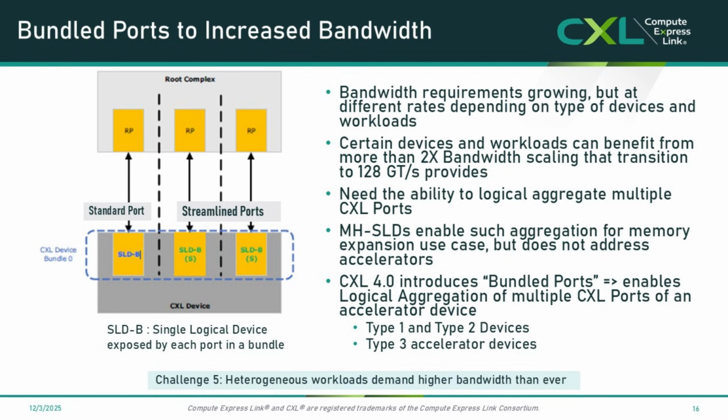There are some devices like accelerators and workloads that can benefit from more than even the 2x bandwidth scaling that going to 128 gigatransfers provides. So we have been doubling bandwidth every generation on CXL, but there are workloads that can benefit from even more bandwidth increase. One way to solve that is to logically aggregate multiple CXL ports, and that's pretty much what the bundle port concept is.